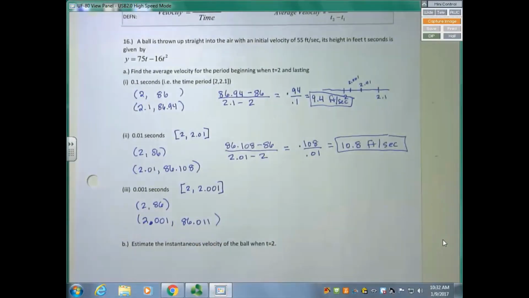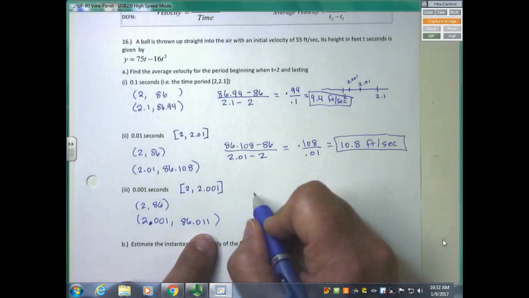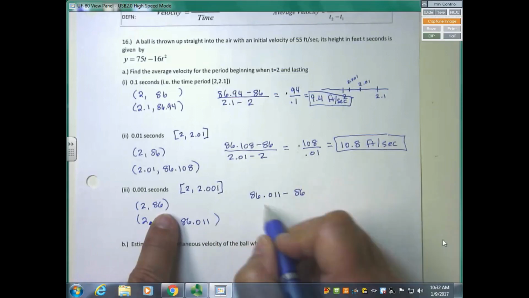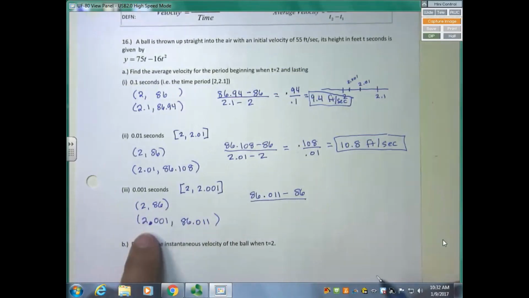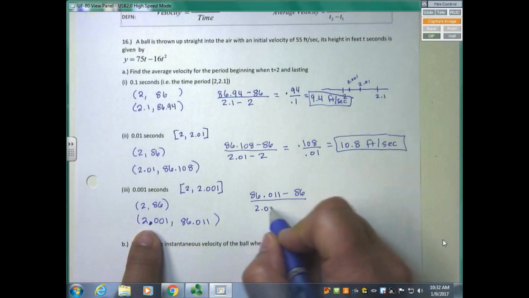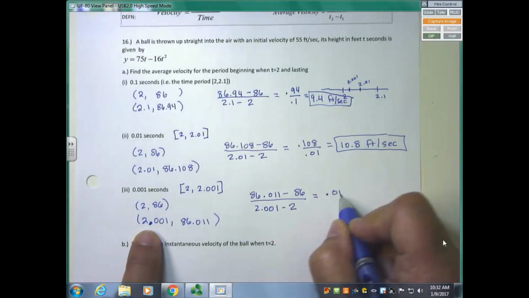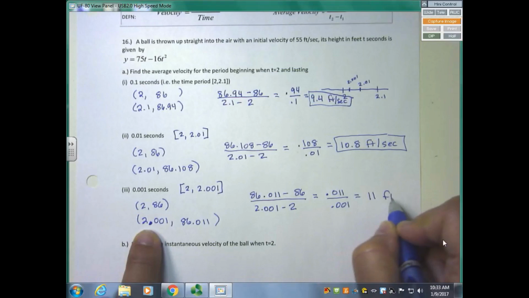Now I'm going to do the slope formula again: 86.011 minus 86, y2 minus y1 over x2 minus x1. That gives you 0.011 over 0.001, so that is exactly 11 feet per second.